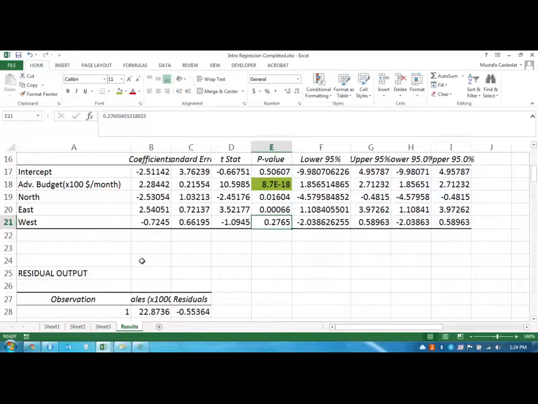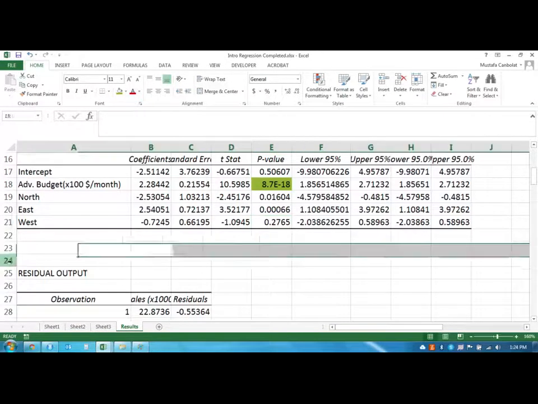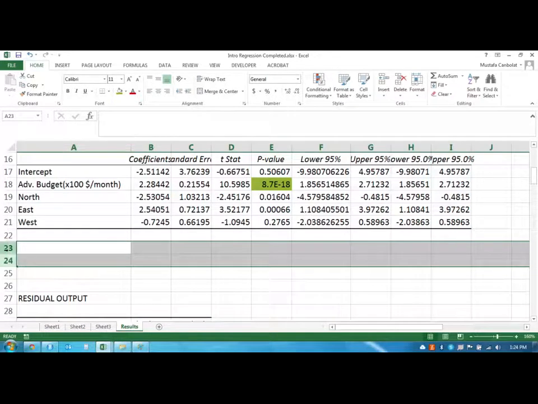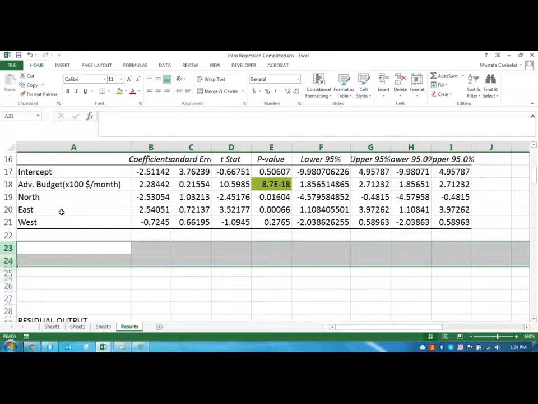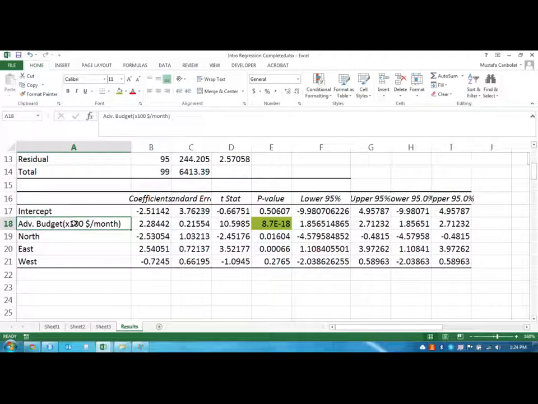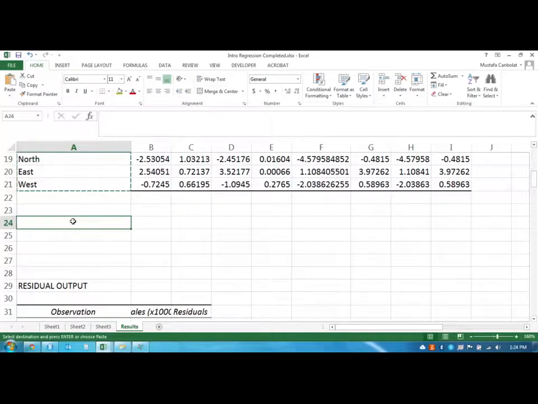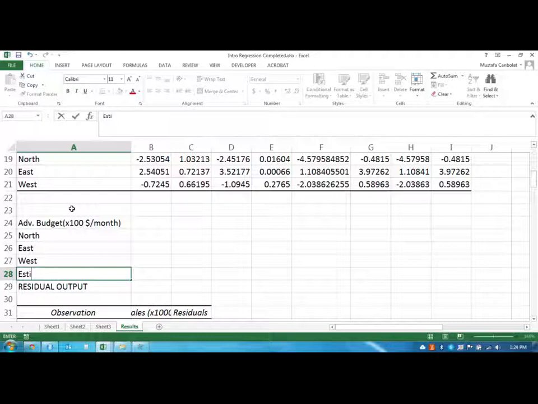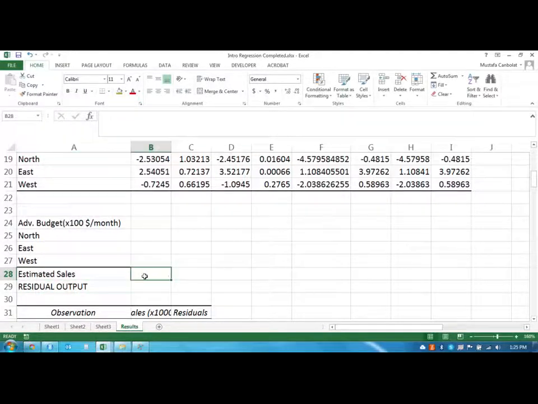So if I want to make an estimation, for example, let me just open a couple more rows, and say the advertisement budget, north, east, and west. Let's just copy them and paste them somewhere here. And let's say we are going to estimate the sales for a specific franchisee location.